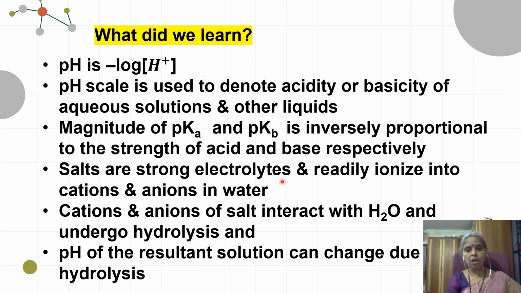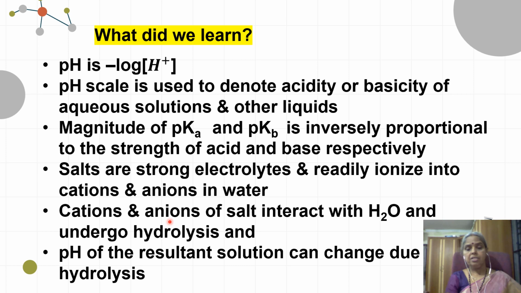Salts are strong electrolytes and they readily ionize into cations and anions in water. They are highly ionic. So the moment you put a salt in water, they will ionize to form cations and anions. Cations and anions of salt interact with water and undergo hydrolysis. Finally, the pH of the resultant solution can change due to salt hydrolysis.